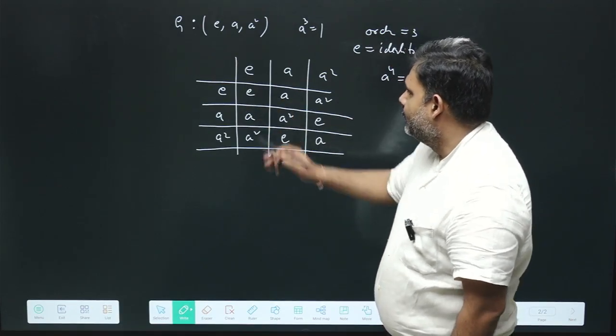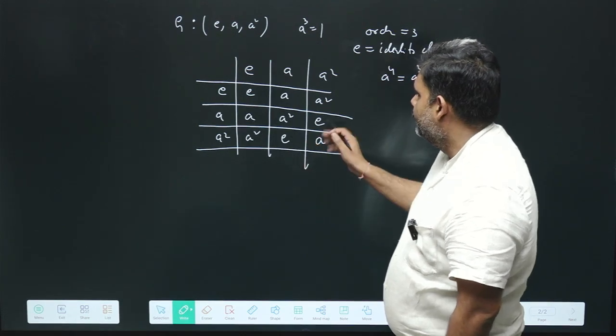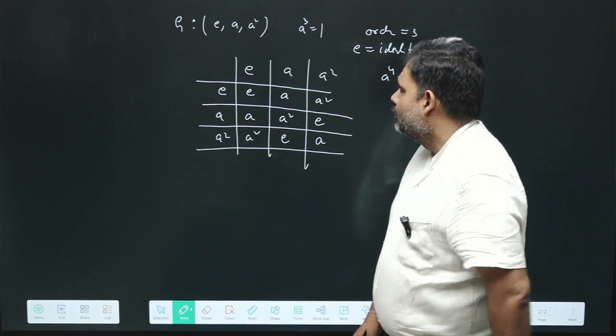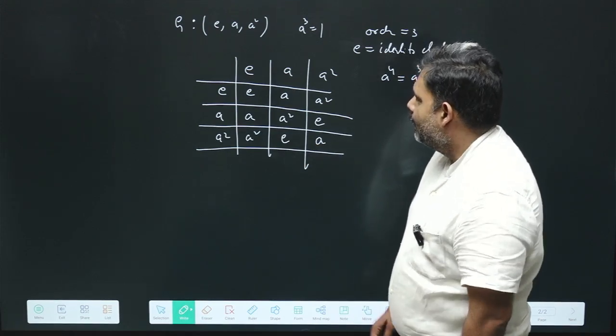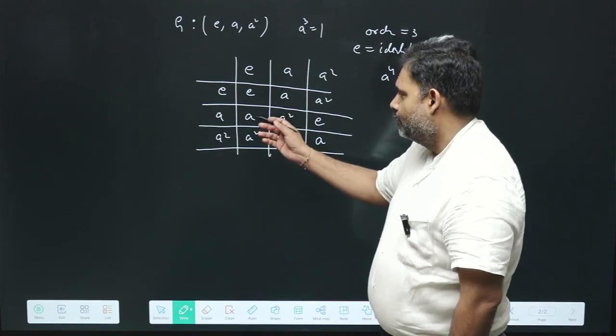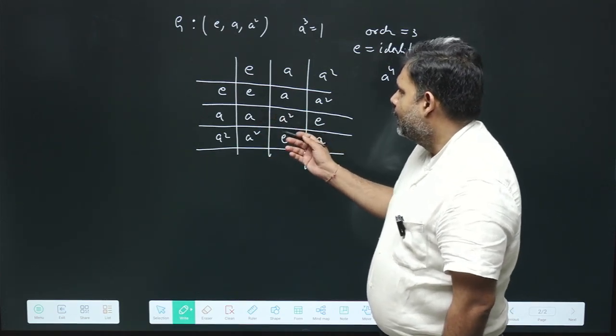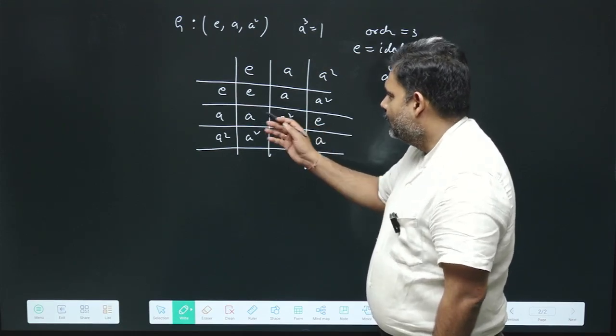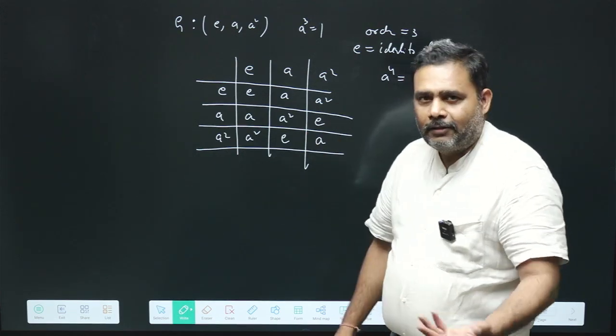So you have identity here, here is identity, here is identity. And you can also check that the inverse element is also there. A square is the inverse of A, and similarly A is also the inverse of A square. So thus the inverse element is also there.